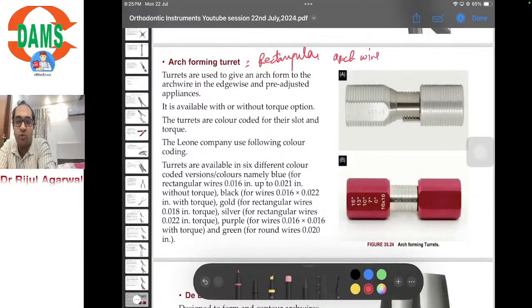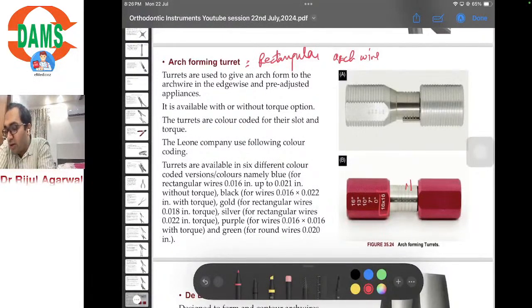Now these turrets came in various options. Okay, we used to have 0 torque, 5-degree torque, 10-degree, if you can see here. So for this 16 by 16 dimension wire, you can place the wire here, it will give you a 0 torque. If you place the wire in the second slot, it will give you a 7-degree torque, and so on.